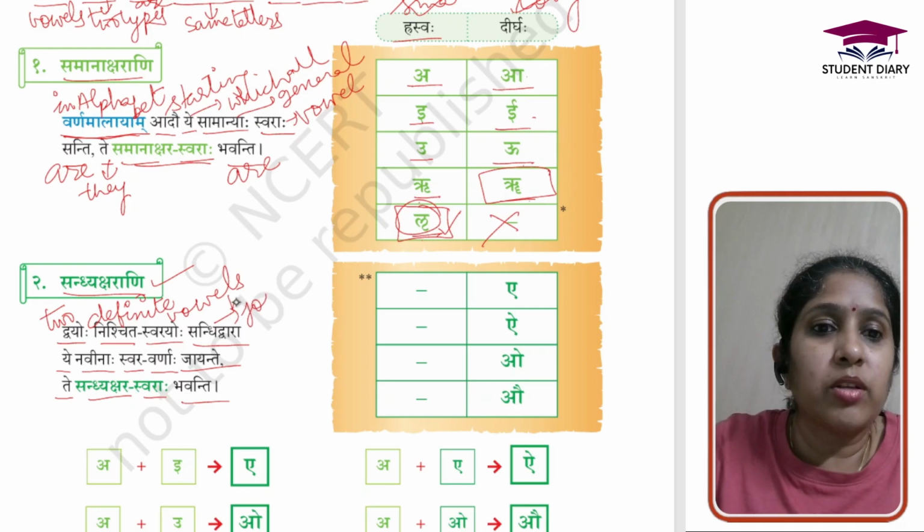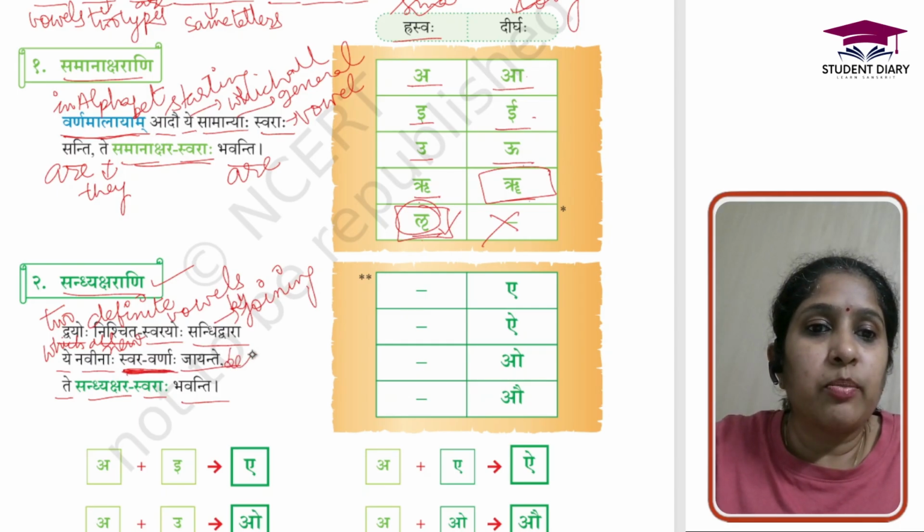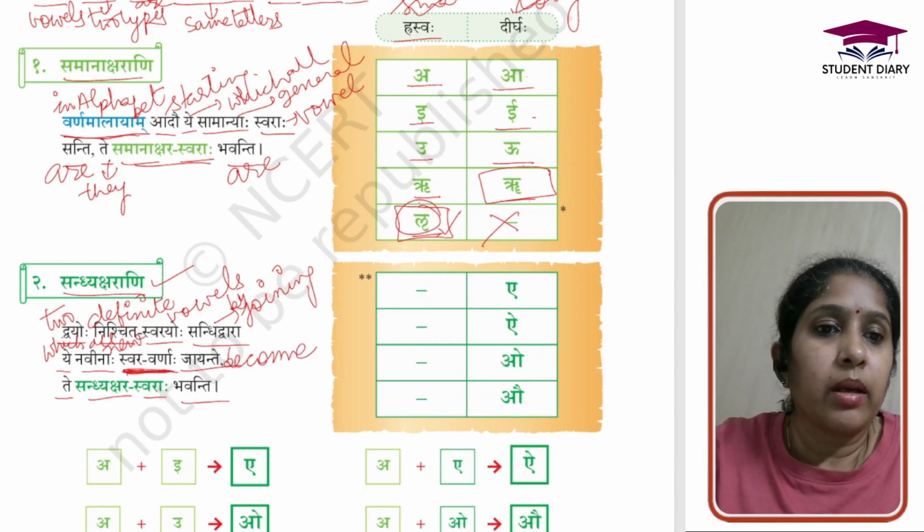And dwara means by, so it's like by joining. Ye means which all. Navinaha means new. Swar varnaha, we will not write the meaning of swara again and again, that is the vowels only. Jayante means become. Te means they. Sandhya akshara swaraha.